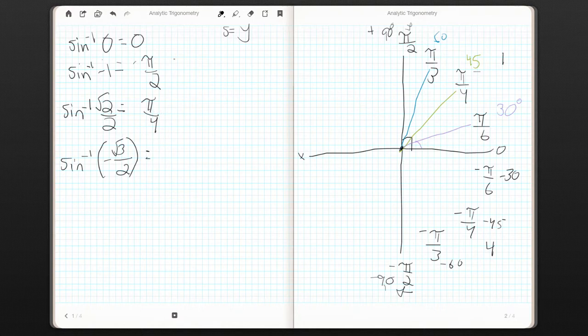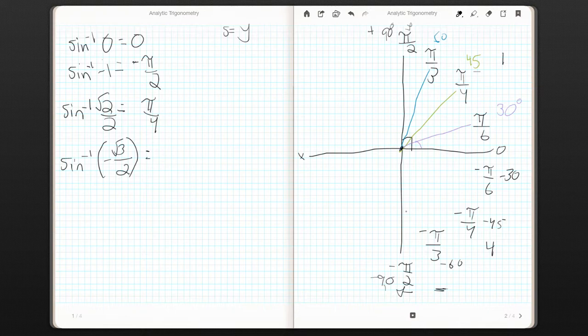If you've been paying attention here, 0 is neither negative or positive, so that's why it's right in the middle between negative and positive. We said negative pi over 2 is down here, so this is the negative realm. Pi over 4 is up here, positive realm. So negative square root of 3 over 2 should be down here in the negative area.